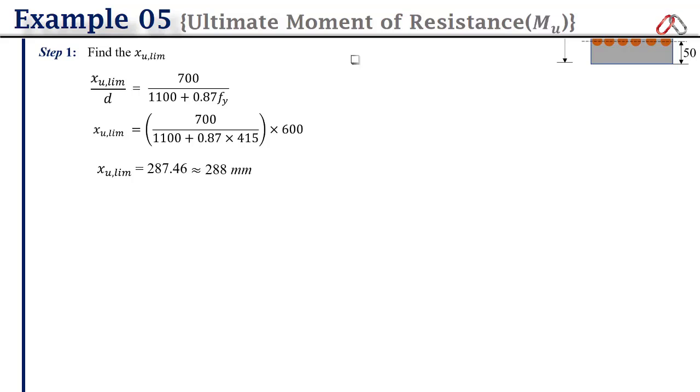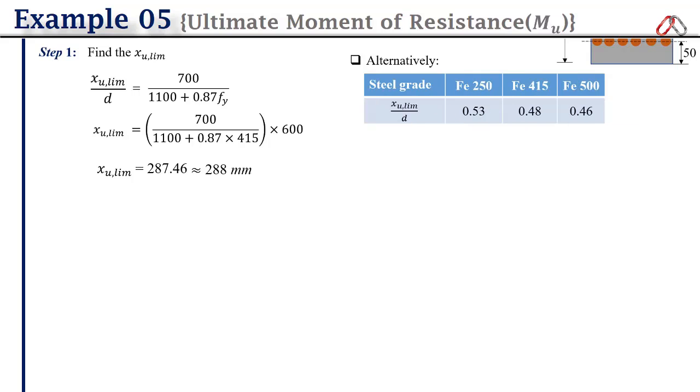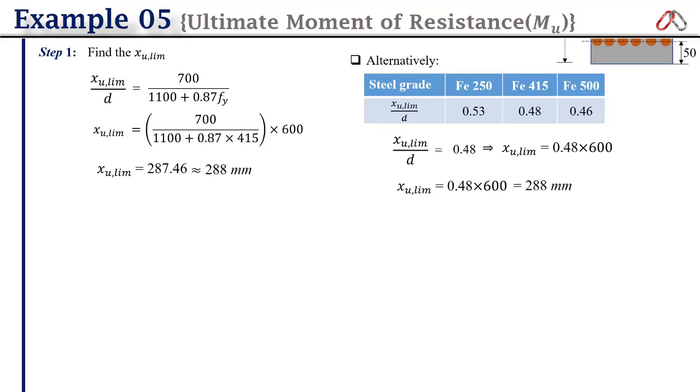There is another way to find the value of XU limiting, that is the table given in the IS code. Here the value of XU limiting upon d is given according to steel grade. We use 415, and the value of XU limiting upon d is 0.48, and the final value of XU limiting is the same, 288 mm. So you can use any method to find the value of XU limiting.